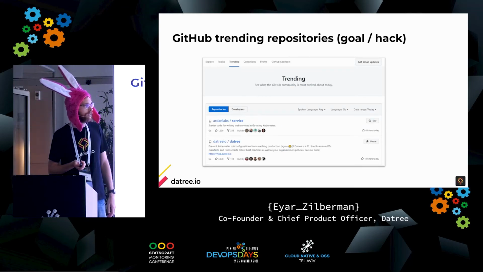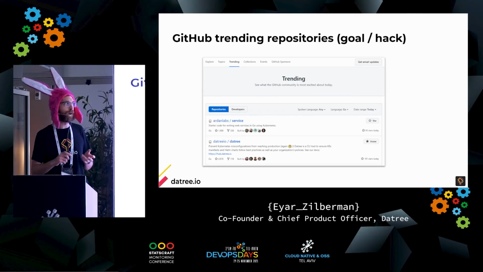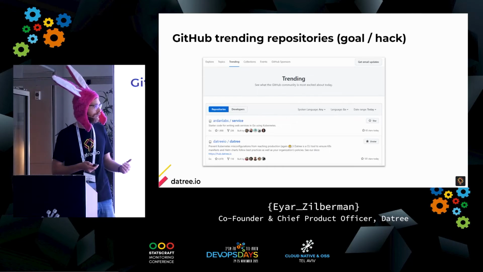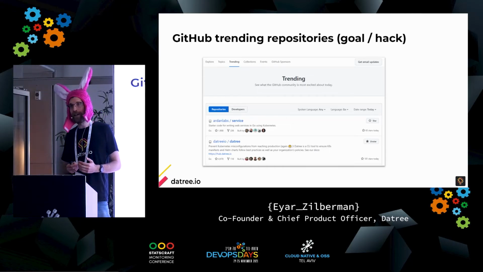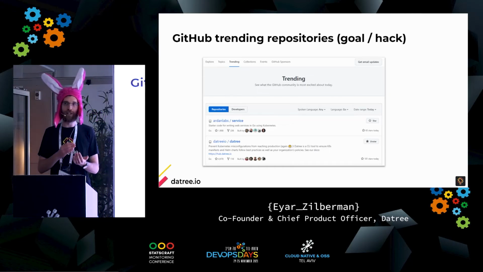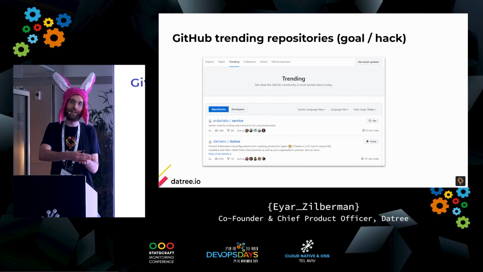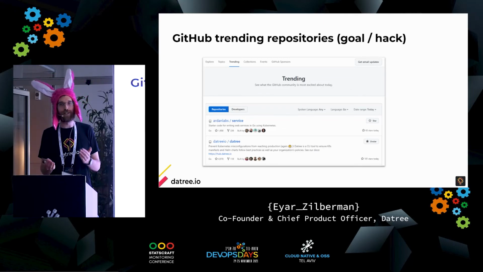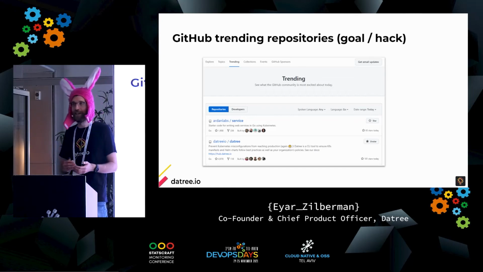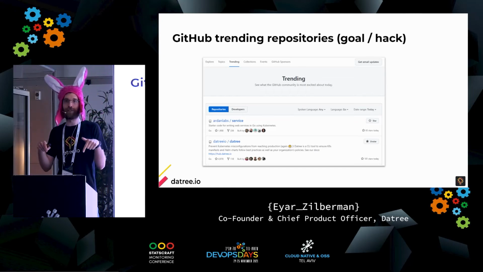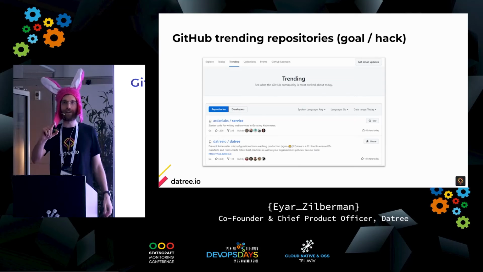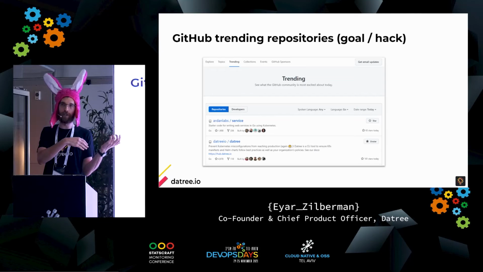And another thing, and this is kind of a hack, because apparently you can go into the GitHub trending repositories, and only by being on the GitHub trending repositories, you are getting so many stars. But the funny part is that in order to get into the GitHub trending repositories, you need to have a lot of stars. So inside a window of 24 hours, you need to get a lot of stars, and this is how you can get into this list.